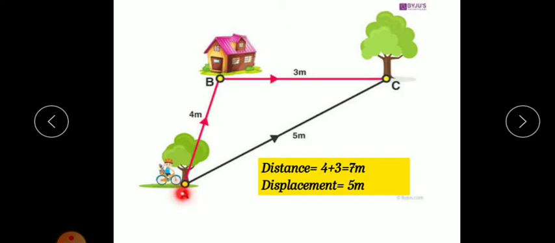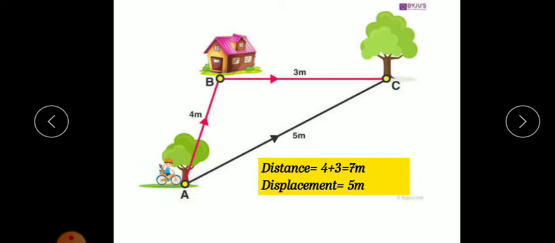Suppose from point A the child goes 5 meters towards the north direction. Can he reach point C? No. If he goes 5 meters towards the west direction, can he reach the point? No, he can't. And if he goes 5 meters towards the south, can he reach point C?